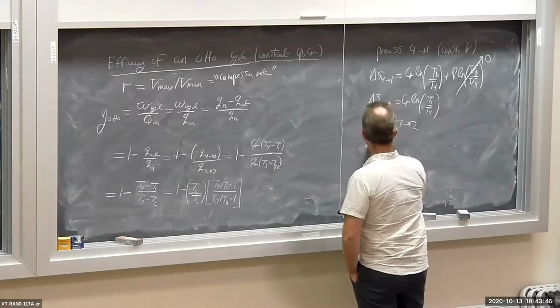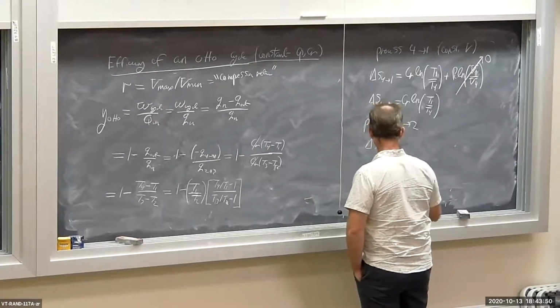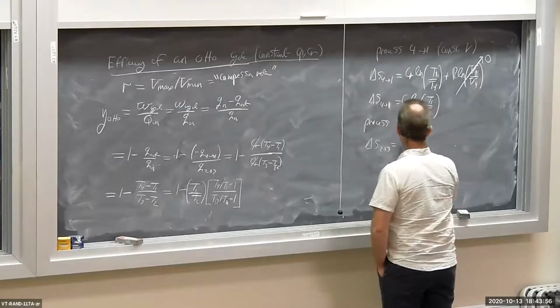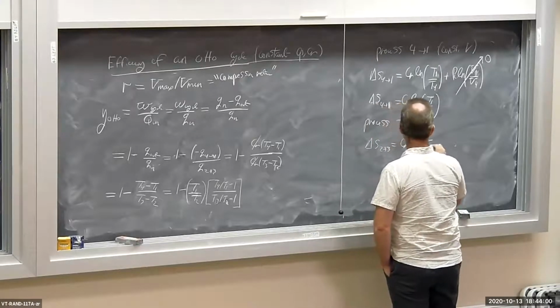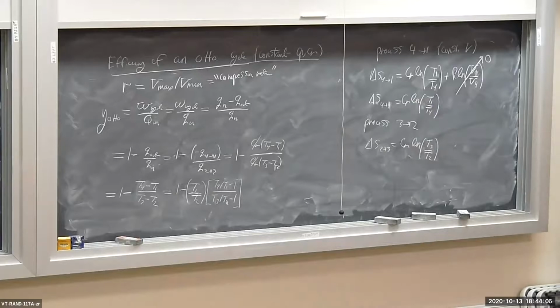You get delta S from 2 to 3 is equal to CV ln T3 over T2. Okay?